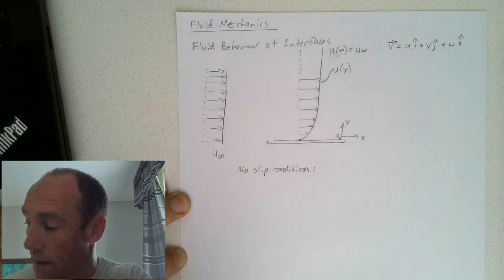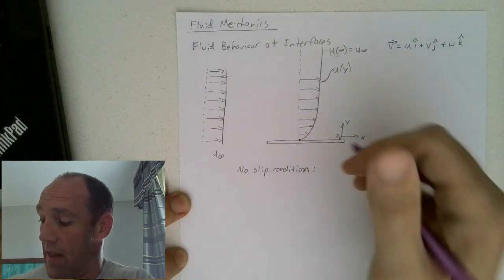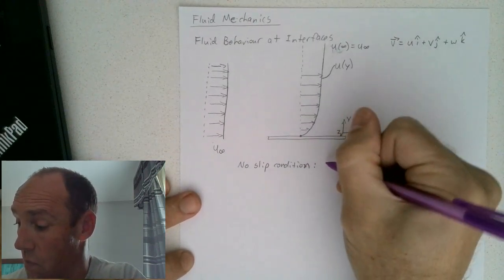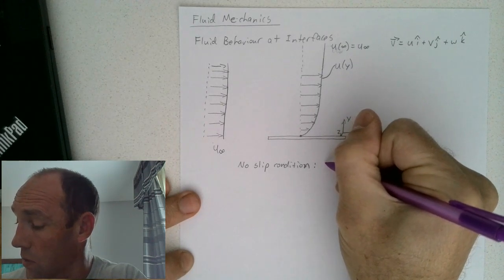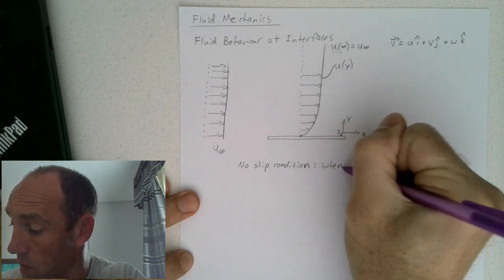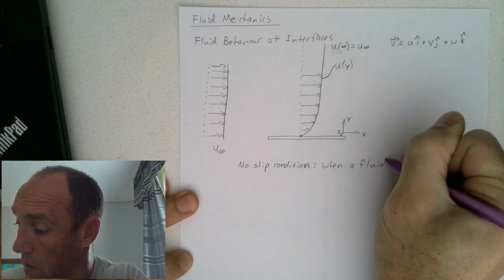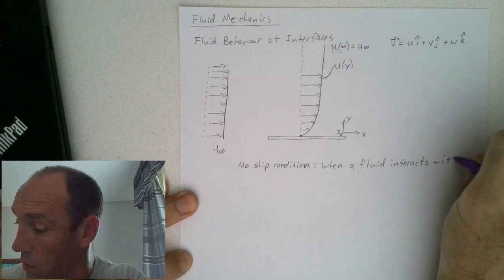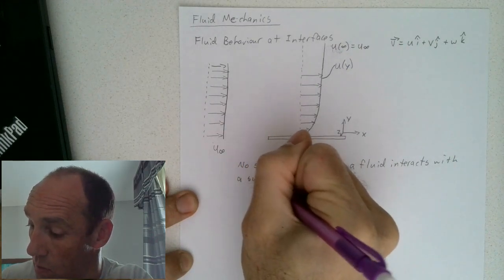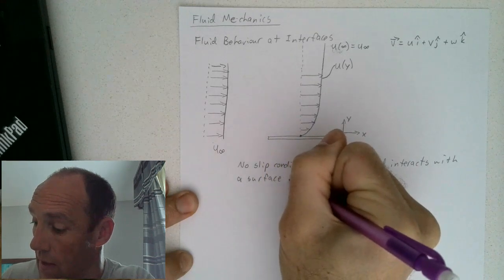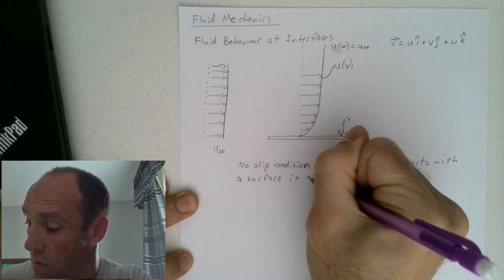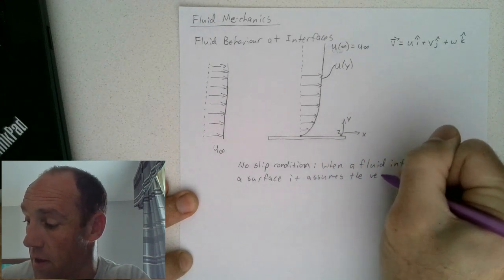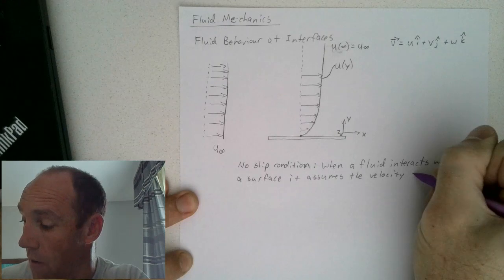Okay, and what that is, it describes the fact that when a fluid interacts with a surface, it assumes the velocity of the surface.